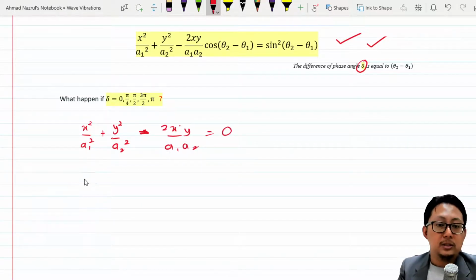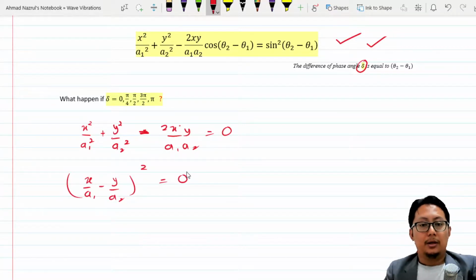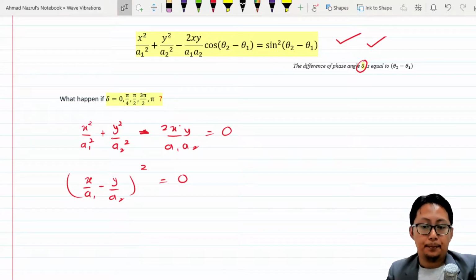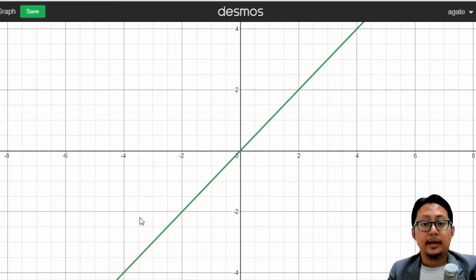So this is the same as x over a1 minus y over a2. And the graph will be like this. You can get a straight line.